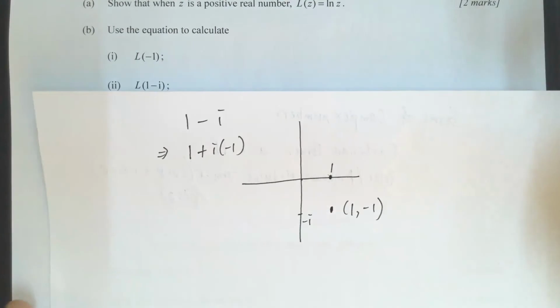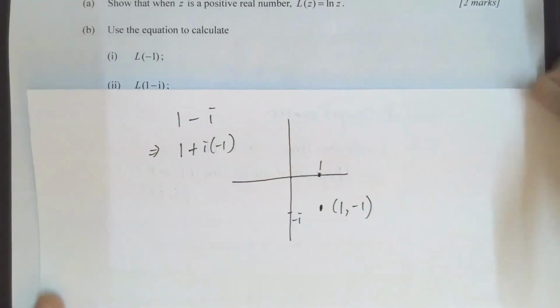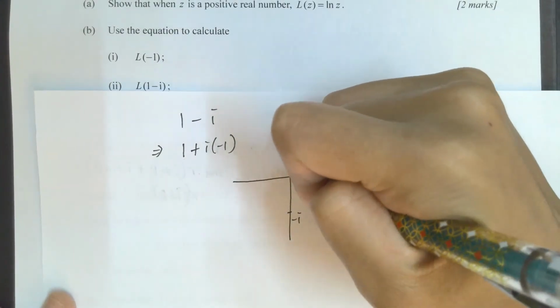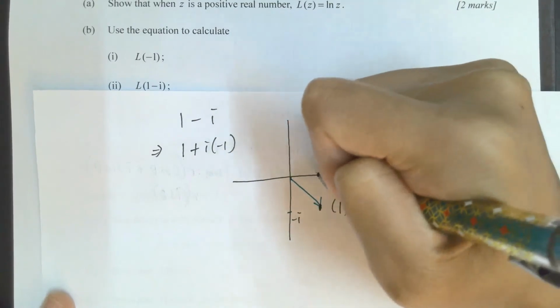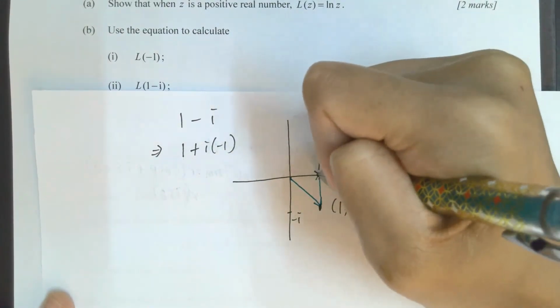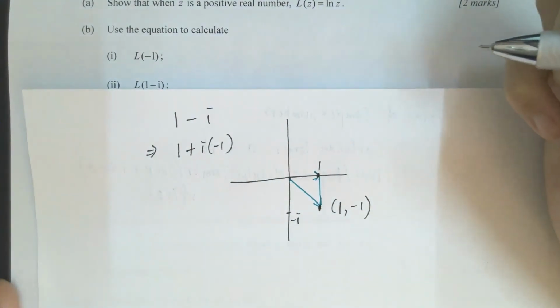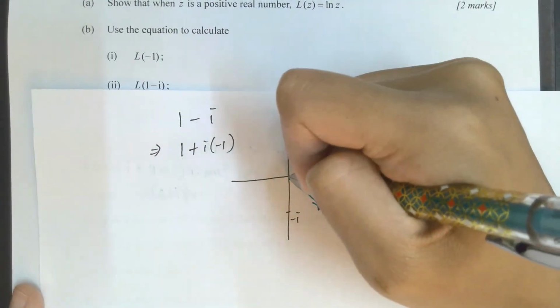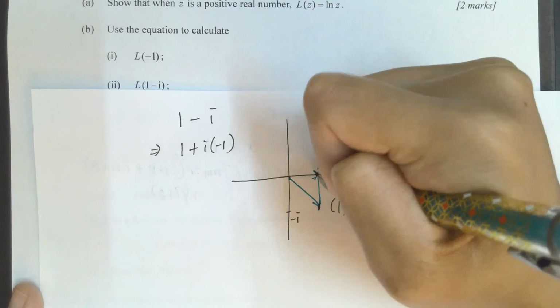So now our job is to look at the argument and the radius, the modulus, basically. Again, complex numbers work a lot like vectors. It's like adding a +1, and then you go down a -1 over here.